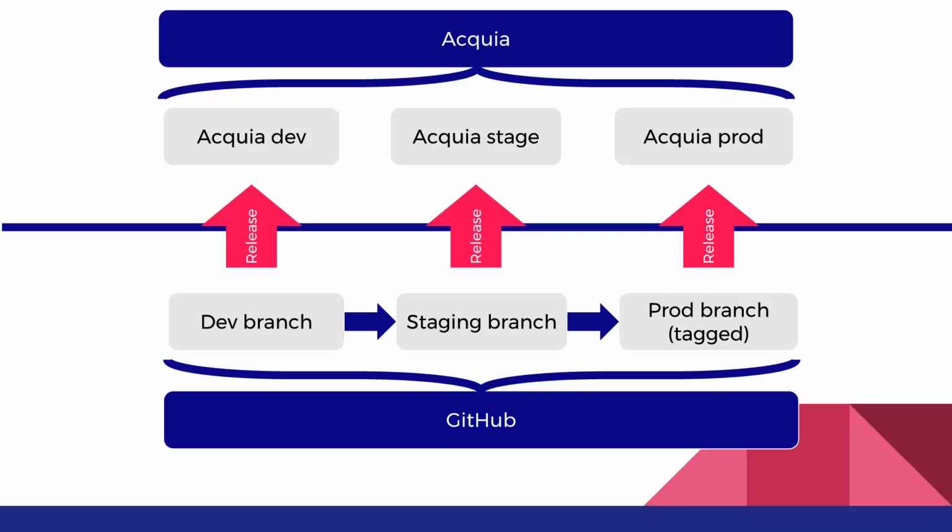There were a few questions from folks within our team. Why do we need a production branch for this workflow when we deploy a tag to the Acquia production server, because we can create tags from the staging branch? The reason we are still keeping the production branch in GitHub is that we use it for hot fixes.